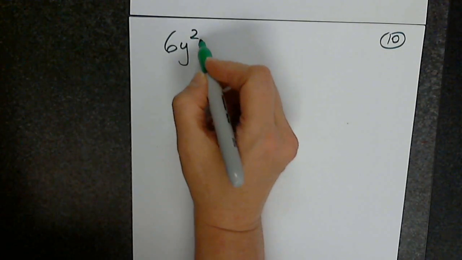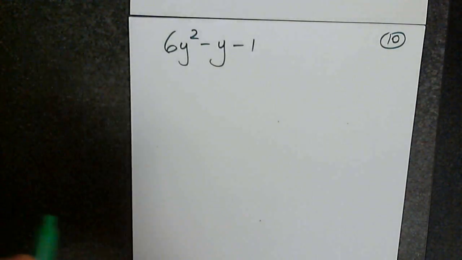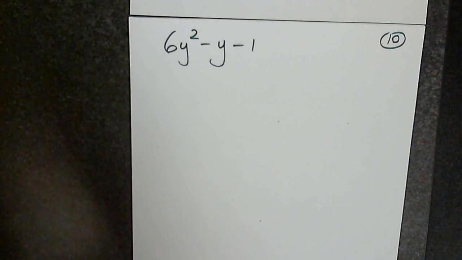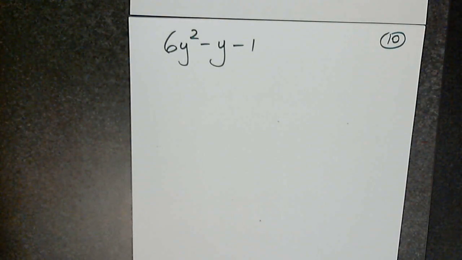My page 10. 6y squared minus y minus 1. Okay, what is it? Is it in descending order? Greatest common factor.